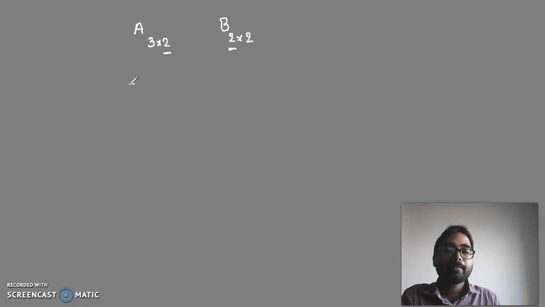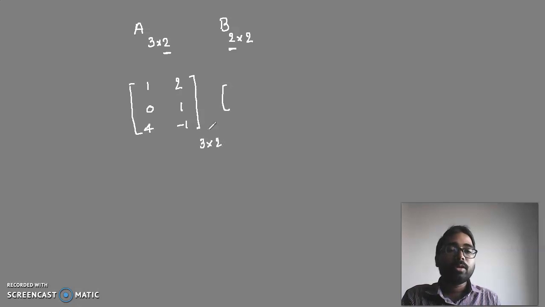Let's say A has 3 rows: 1, 2; 0, 1; 4, minus 1. This is a 3 by 2 matrix, with 3 rows and 2 columns, and B is a 2 by 2 matrix: 1, minus 1; 2, 3, for example.